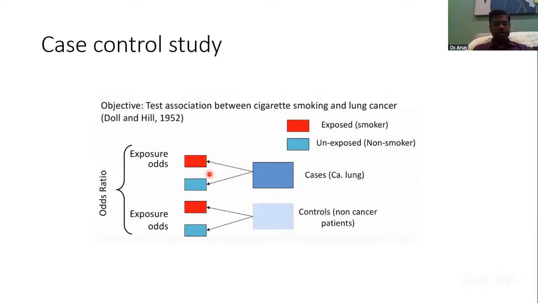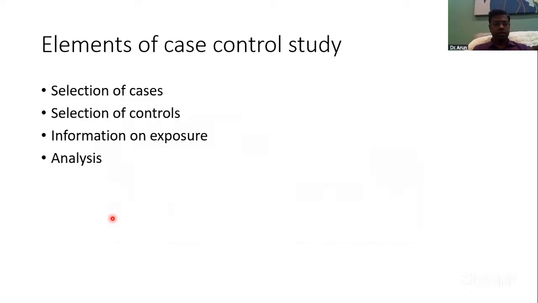With that, they asked the participants about their exposure. Based on that, we can calculate the odds ratio. In a cohort study, we can calculate incidence. In a case control study, we can calculate the odds ratio. So the elements of a case control study are again selection of cases, selection of controls, information on exposure, and analysis.